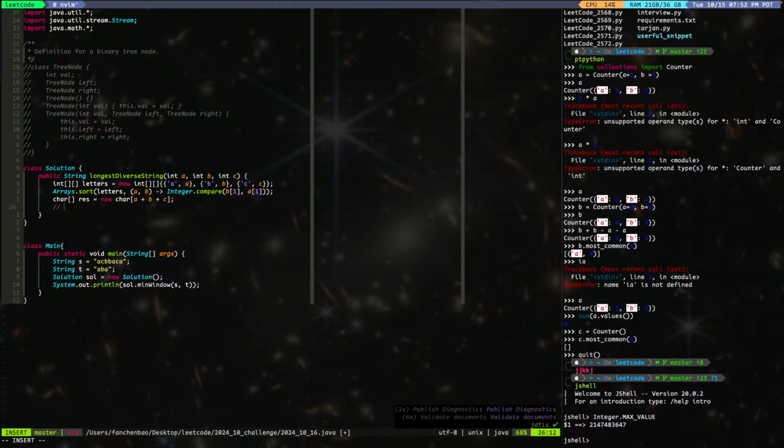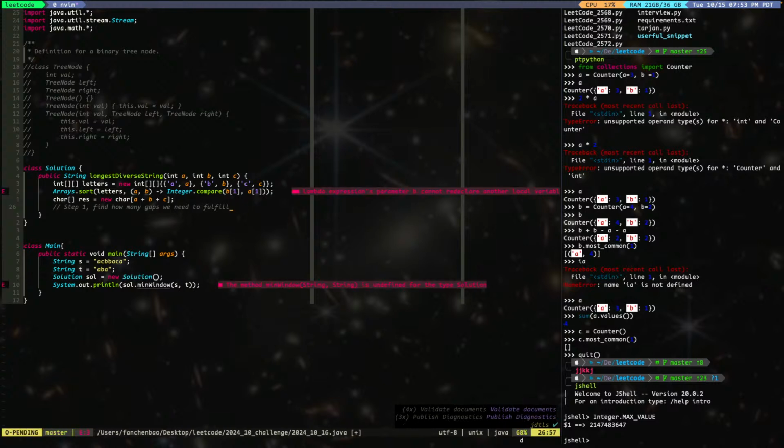So step 1, find how many gaps we need to fulfill all. Step 1, fill the max count letter.